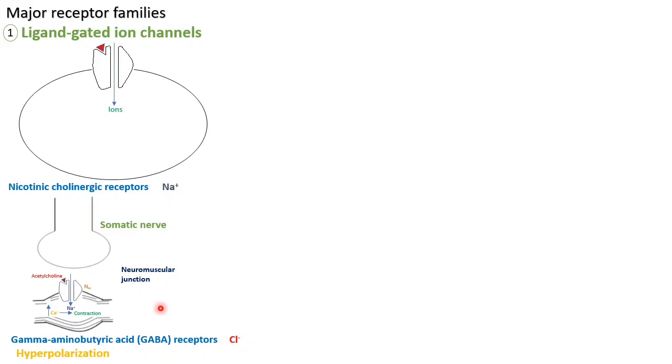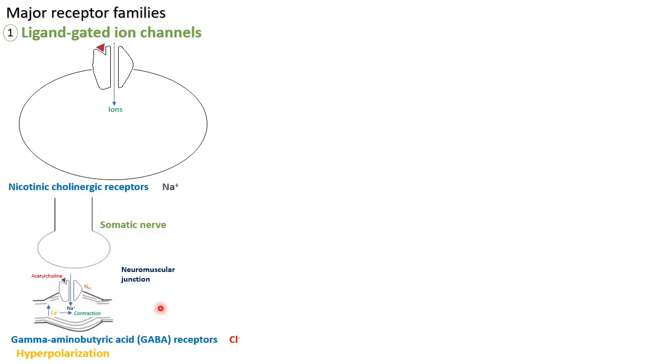So if we now have hyperpolarization, we are now farther from this threshold level. So our cell can't have an action potential easily. It needs a larger stimulus to reach a threshold level and have an action potential.